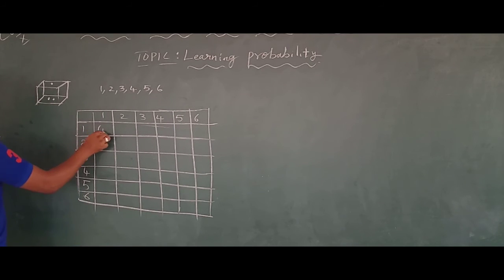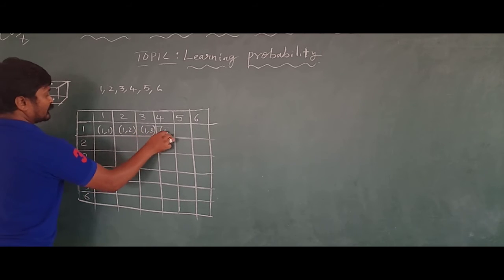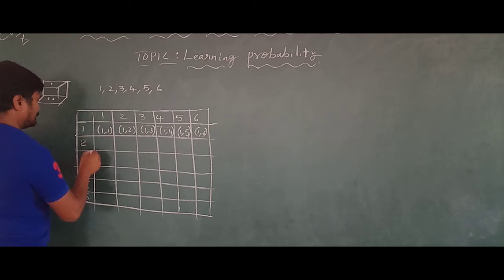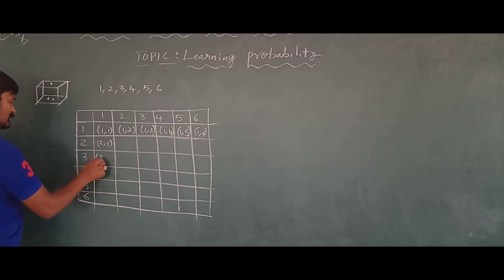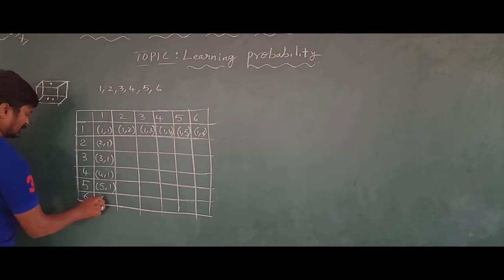How to write: 1,1; 1,2; 1,3; 1,4; 1,5; 1,6. Now 2,1; 3,1; 4,1; 5,1; 6,1.